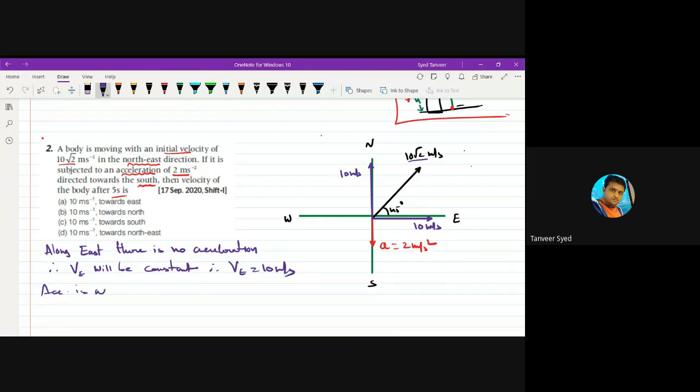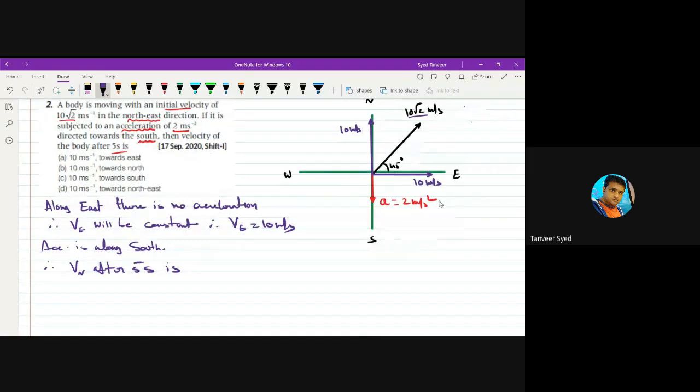Acceleration is along south. Therefore, velocity along north after 5 seconds, how can I write it? Can I write it like final velocity along north is equal to initial velocity along north minus acceleration into time, right?